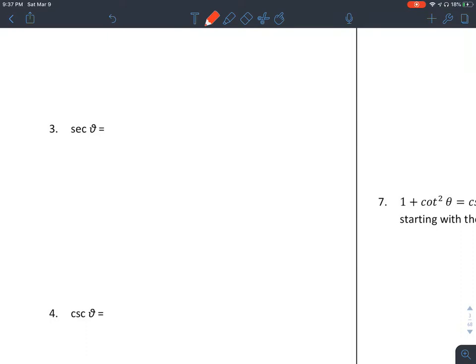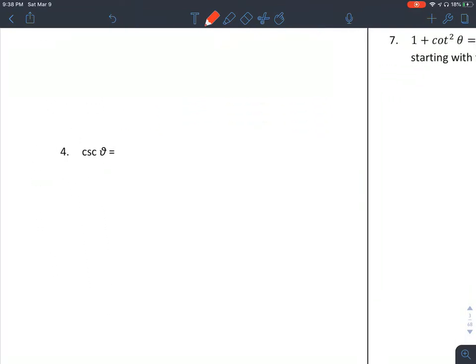Continuing. Secant of theta, we know, is the reciprocal of cosine, so it's 1 over cosine. Similarly, this implies that cosine of theta is 1 over secant of theta. The fourth one, cosecant of theta is the reciprocal of sine, so it's equal to 1 over sine of theta. That implies that sine of theta, I'm having trouble with thetas today for some reason, is equal to 1 over cosecant of theta.